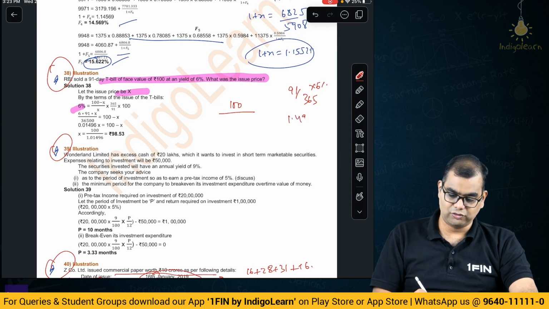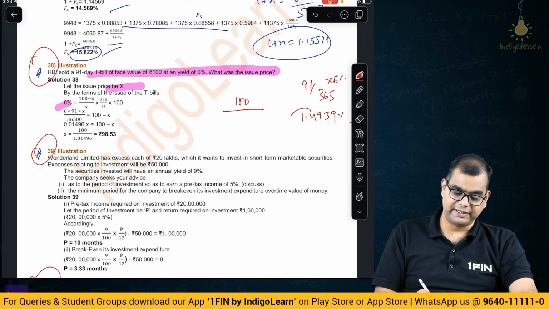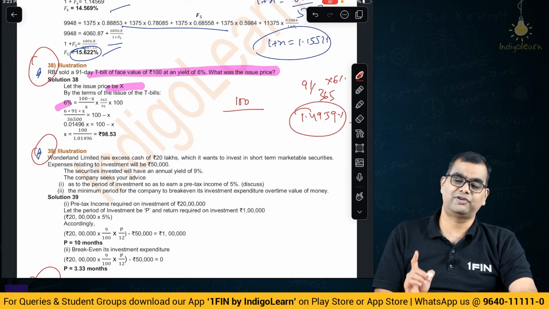So, 1.4959 percent is the interest for this period. So, you repay back 100. 100 is the repayment at interest rate of 1.49% for 91 days.